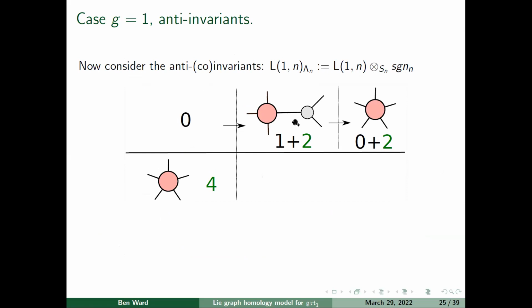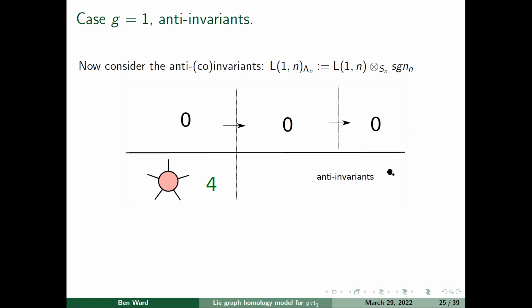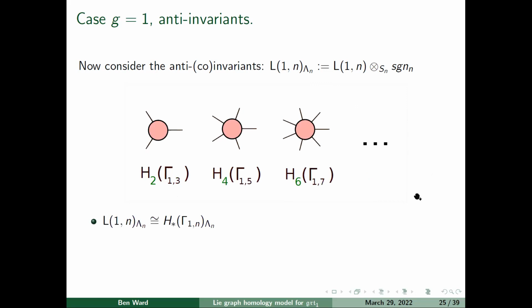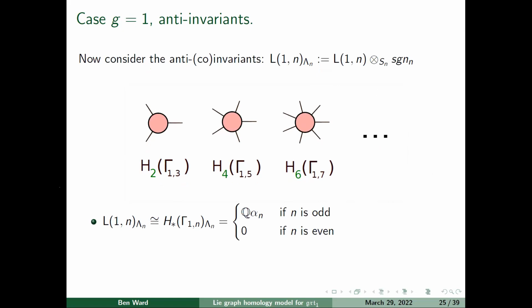So that would be 0, that would be 0. And this guy vanishes because I know its representation type is not alternating. And all I'm left with in the case of the n equals 5 anti-invariants is just this class. Or in general, all I'm left with are the classes I've already told you about.